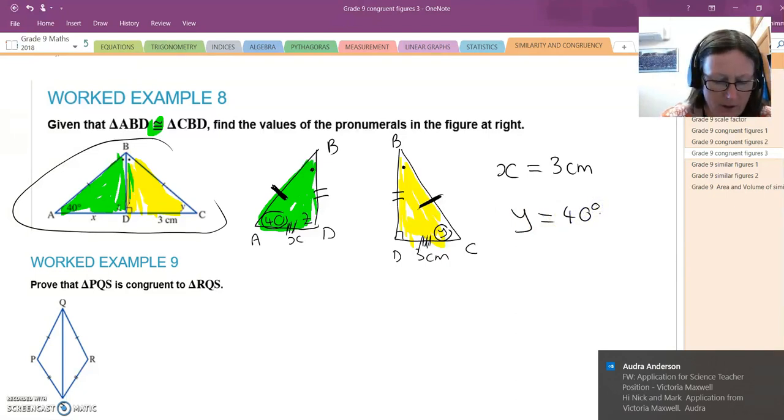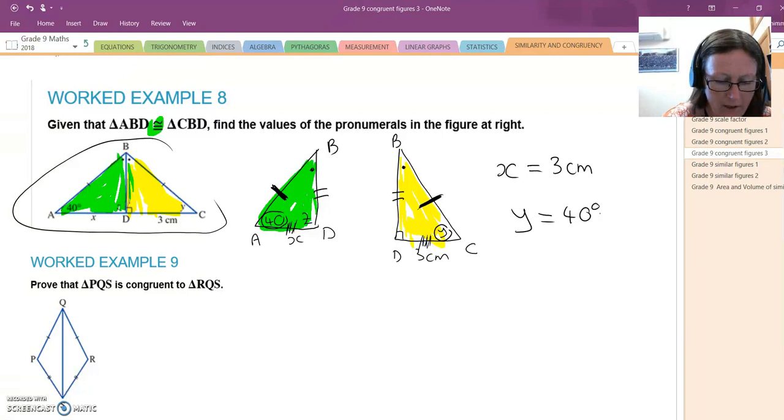Okay, now, one other, Z. We're asked to find the angle Z. In congruent triangles, remember that if the angle here between the side with 3 slashes and the side with 2 slashes is 90 degrees, then in the congruent triangle over here, the angle between the side with 3 slashes and the side with 2 slashes must also be 90 degrees.